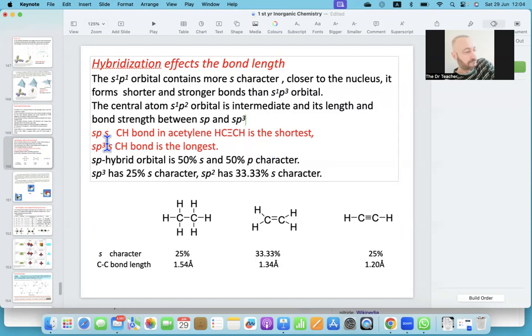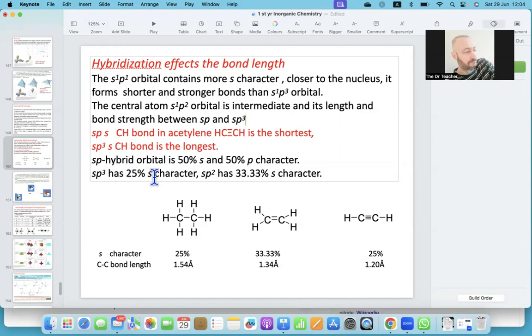So sp belongs to this carbon, and the S is the single bond. So it is the shortest in acetylene. In sp3, the S of the CH bond is the longest. Longest means a single bond, which means the strength is weak.